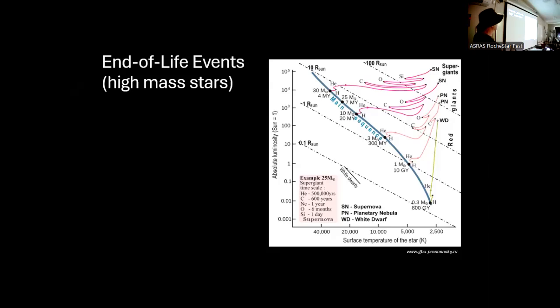So these stars don't undergo the helium flash phase that the smaller stars do, and they can continue burning elements beyond carbon. So they get bigger and hotter and can become supergiants. These are more than 100 times the radius of the sun, the ones up here.